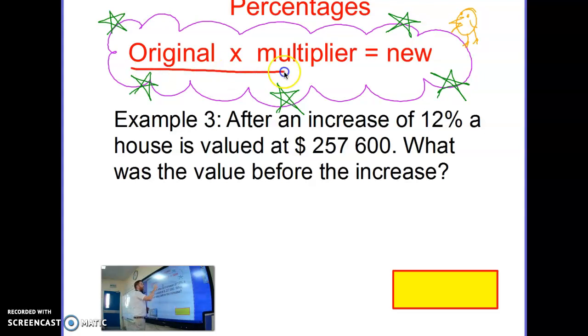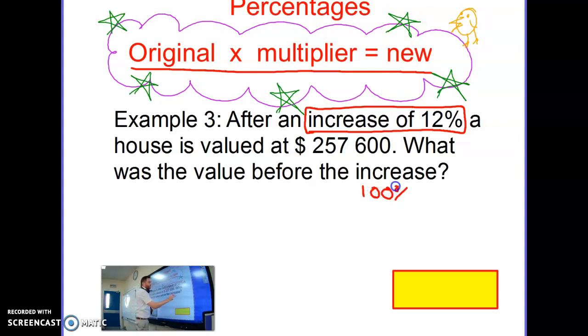Well, we're going to use this original times multiplier equals new, substitute in what we know. So we've got an increase of 12%. Well, 100% plus 12%, it's 112%, which is 1.12. That's my multiplier.